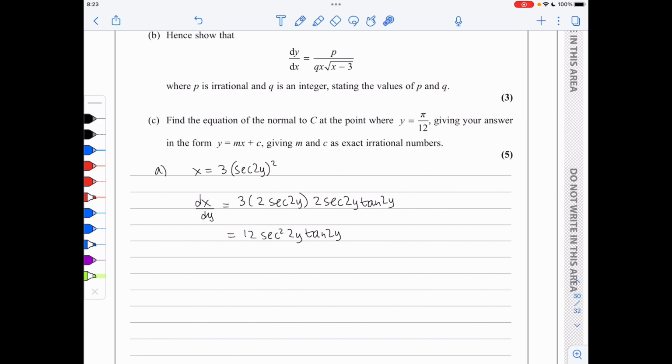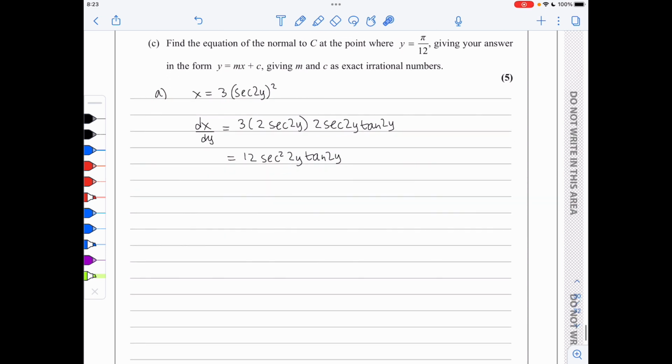And B, hence show that dy dx can be written in this form. So I will actually start by saying that x over 3 is sec squared 2y. We know that sec squared is 1 plus tan squared, so x over 3 is 1 plus tan squared 2y. So x over 3 minus 1 is tan squared 2y.